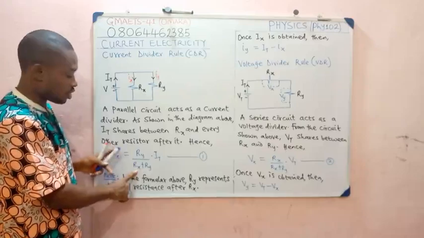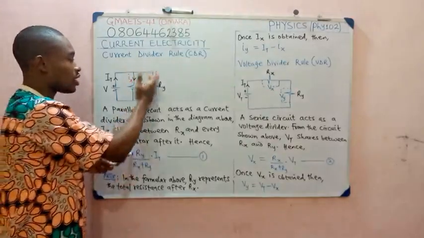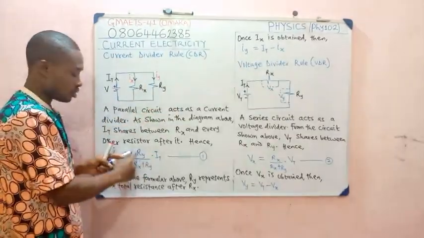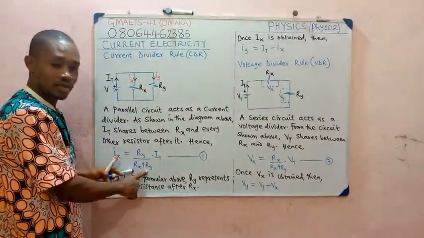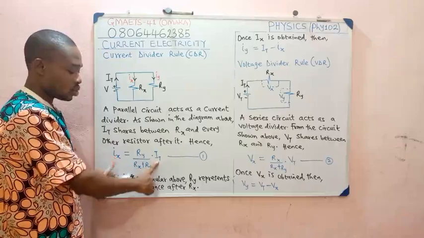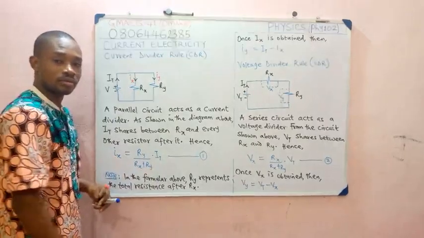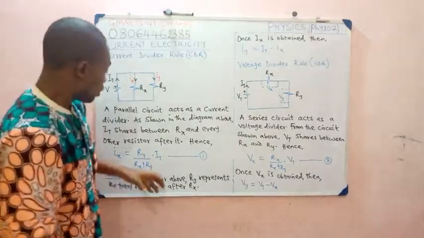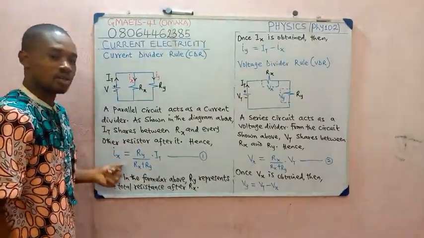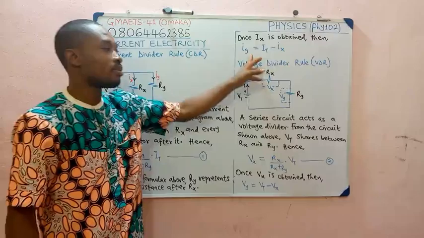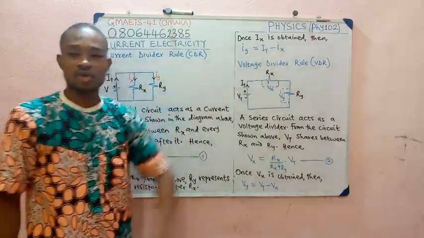So the numerator here will be Ry, that is all other resistors ahead of it, divided by the total resistance, then multiplied by the total current. Once we are able to determine Ix, we can now get Iy by subtracting Ix from I total.